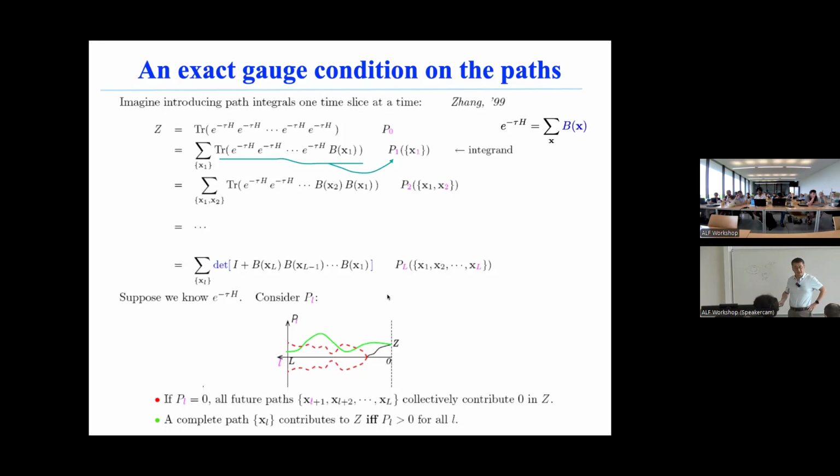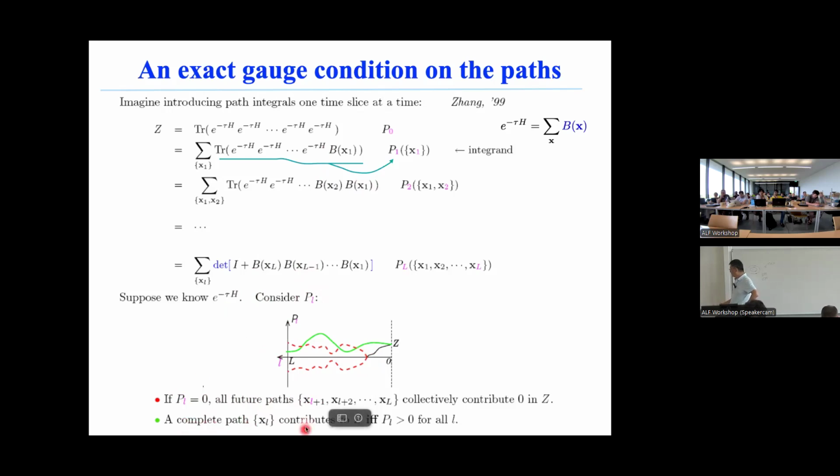That's right. So that's coming up in the last line that says, you know that if this is true at P2, this is 0. If P2 is 0, then all the future paths, the infinite number of them, would collectively contribute exactly 0. So then all the red paths would cancel. Right.